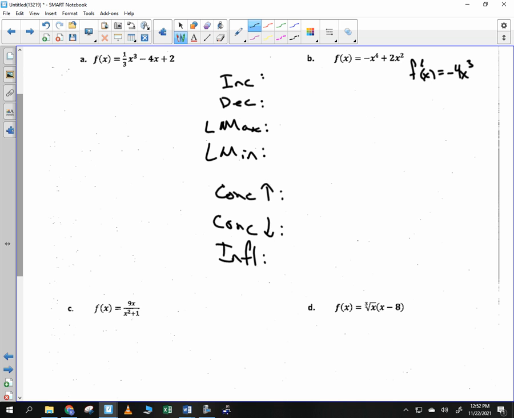Negative 4x cubed plus 4x. I would like to look at that graph. I think it's easiest to look at the graph. Does this factor? Take out negative 4x, and I'm left with x squared minus 1.